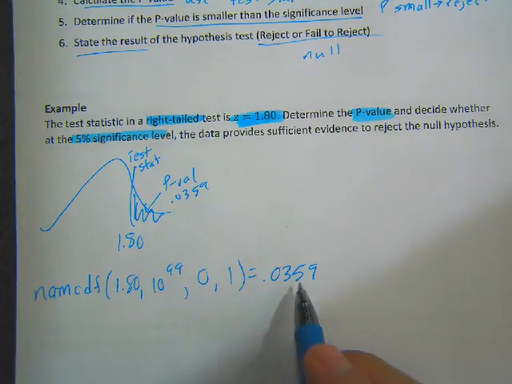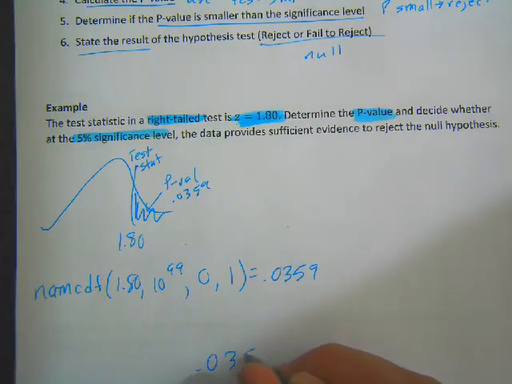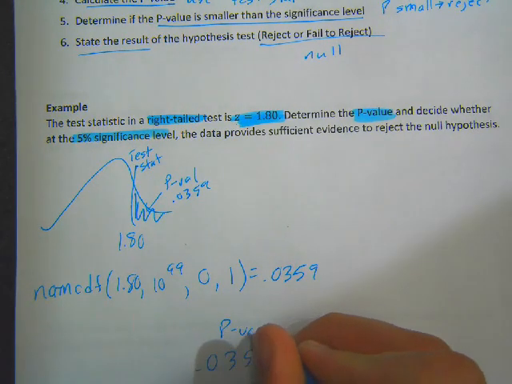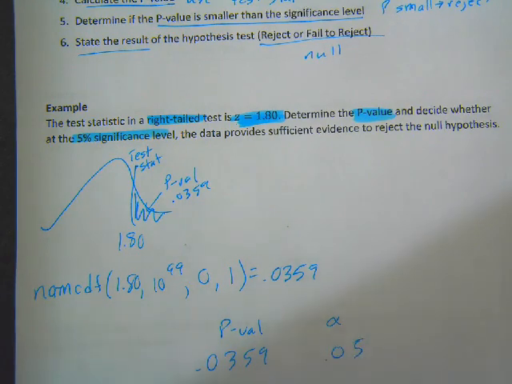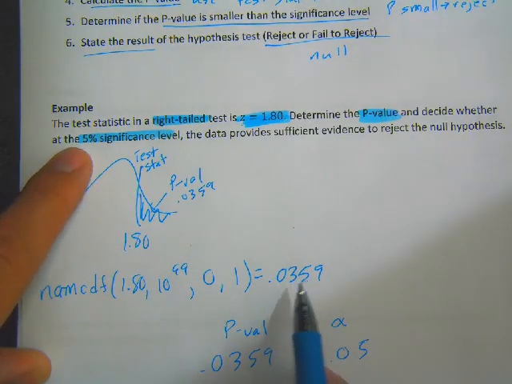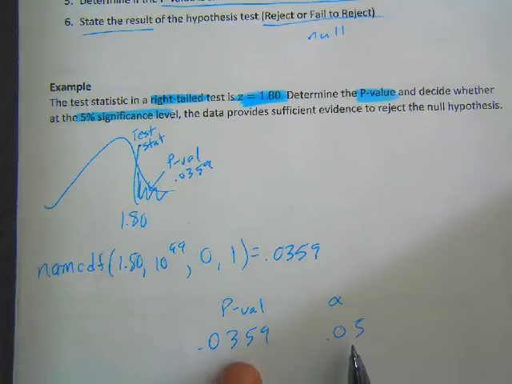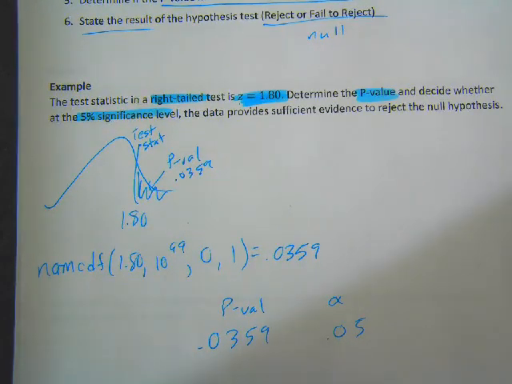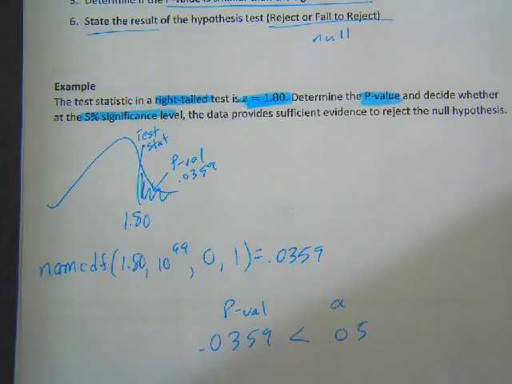So then I'm going to take this p-value and compare it with the significance level. I want to compare 0.0359, the p-value, with the significance level, alpha, which is 5% or 0.05. It's easy for people to look at 5% and 0.03 and say, oh, they're different. But remember, you want to make sure they're both decimals before you compare them. It's so easy to mess that up if you don't. Either way, you still see that this value is smaller than 0.05.